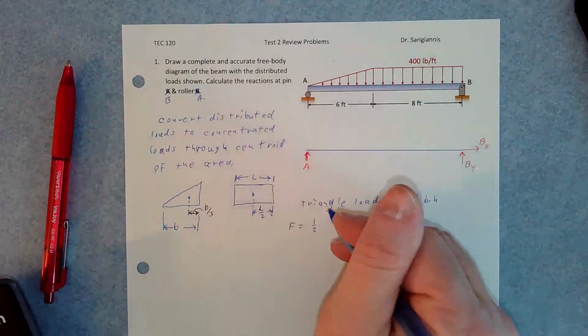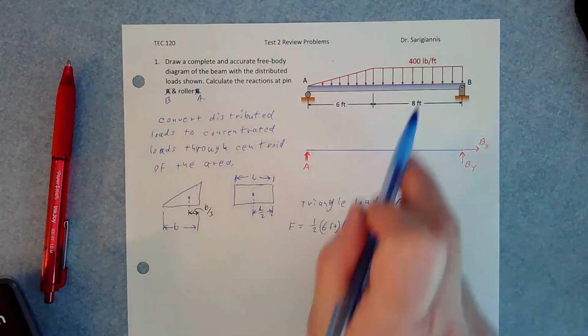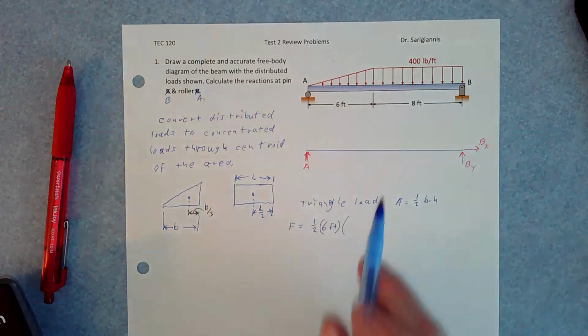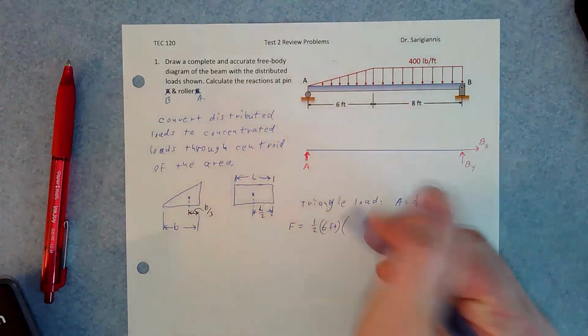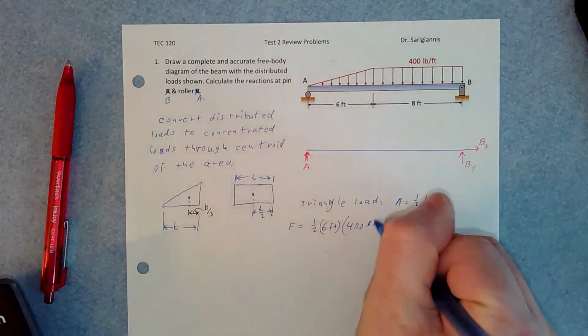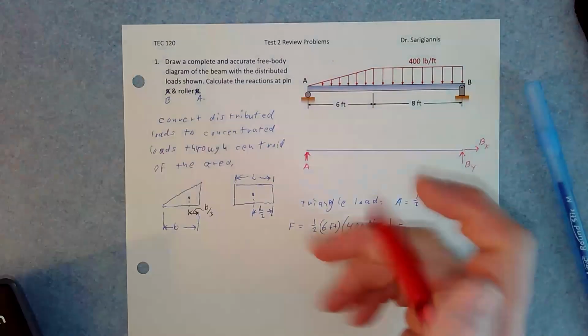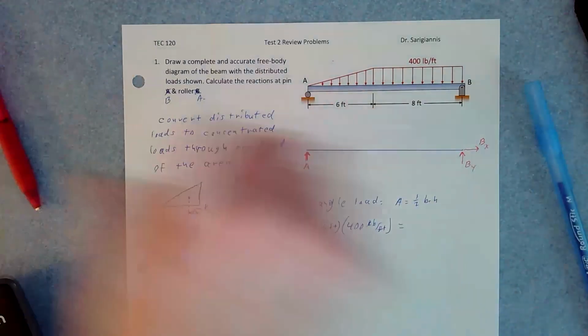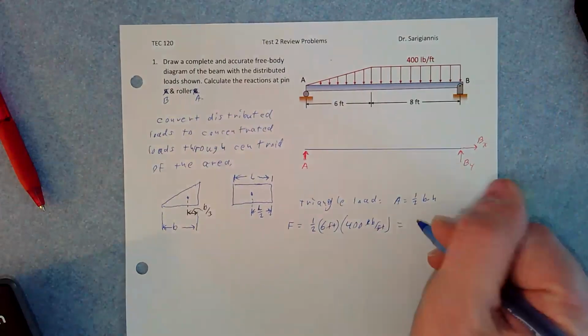So we got a 6-foot base, and the height is 400 pounds per foot. So notice it starts at 0, rises up to 400 pounds per foot. You'll see the units of feet cancel, and you're left with pounds. So 1/2 of 6 is 3. 3 times 400, that's 1,200 pounds.